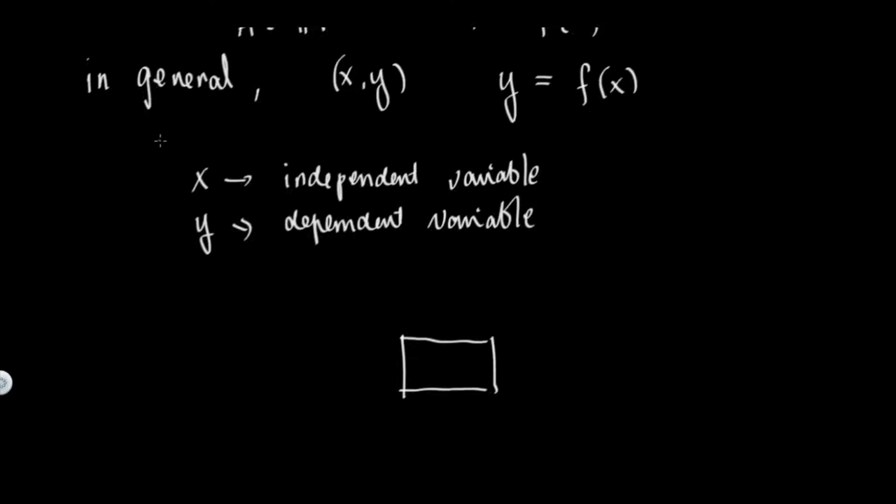Yung example ng mga teachers natin before, kung naalala nyo pa, ako naalala ko pa, ito daw ay function machine. Itong function machine, meron itong input, and of course, meron din siyang output.